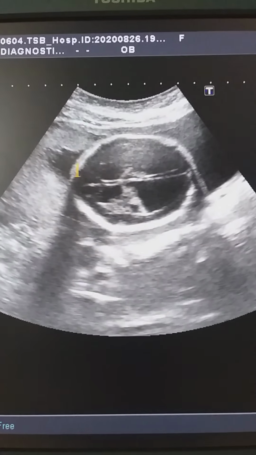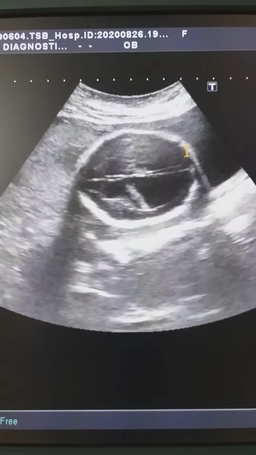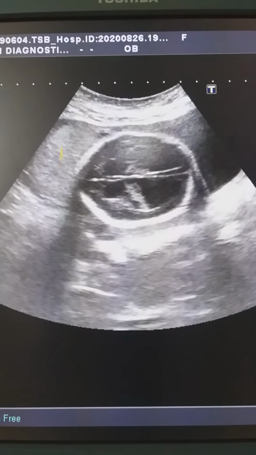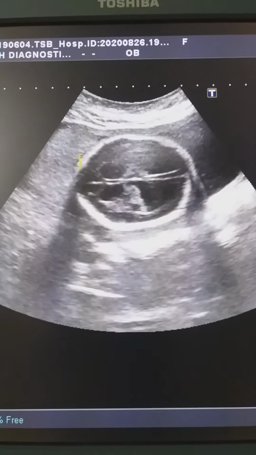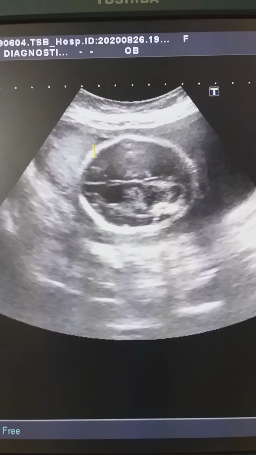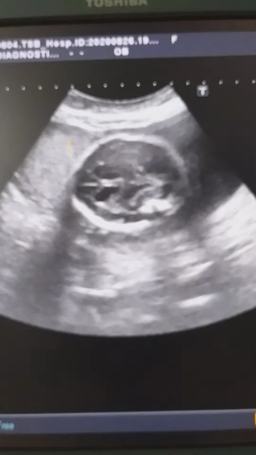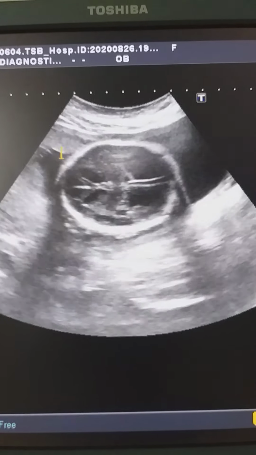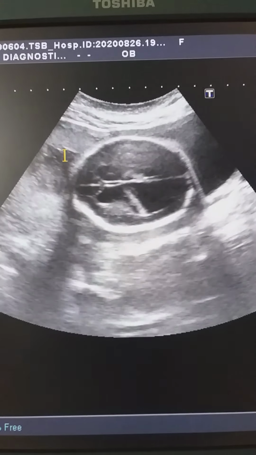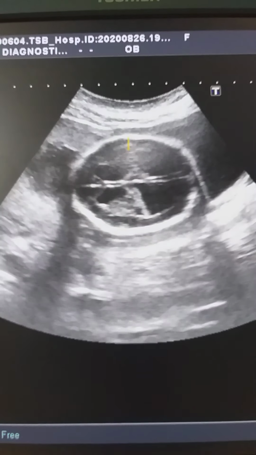this is the frontal bone, and this is the occipital bone, and this is also the frontal bone. So this is the bilateral frontal bone, and this is the parietal bone.